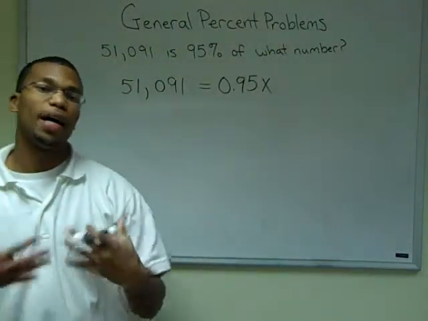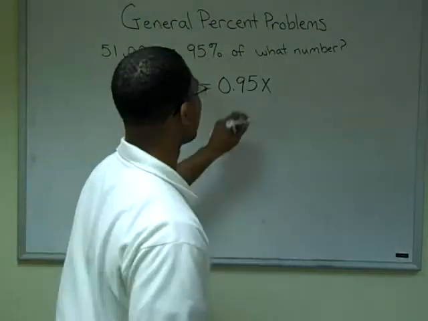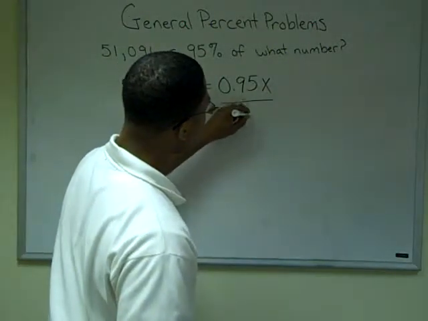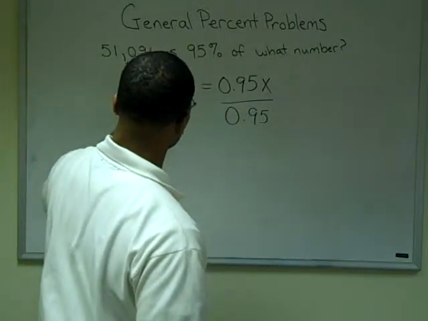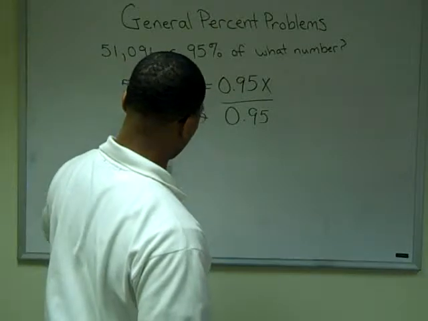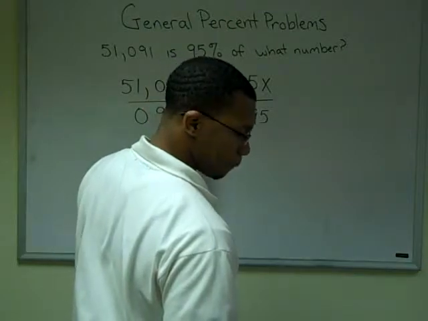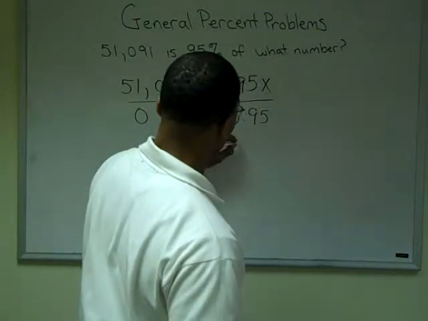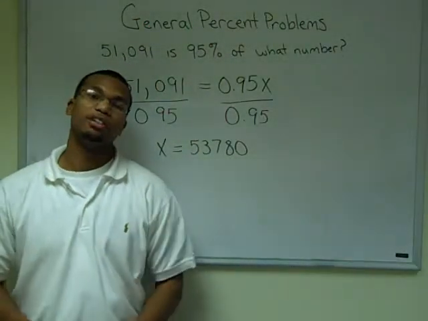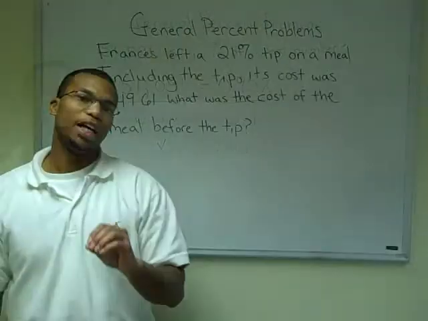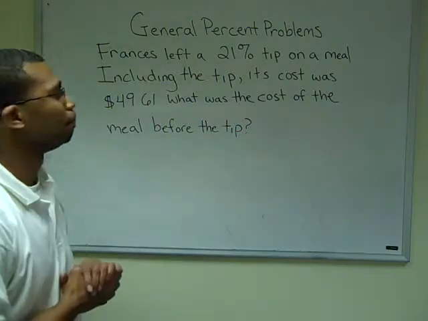Once we do that, we can divide both sides by 0.95 to get our answer x. So our answer is 53,780.